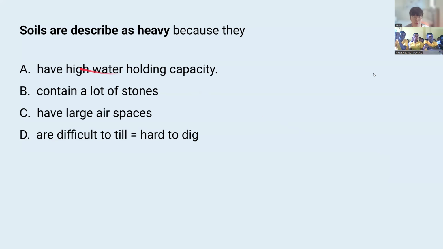Okay, let's look at this question. Soils are described as heavy because they are what?